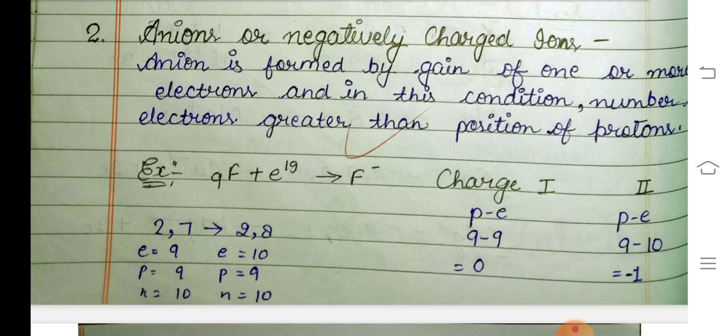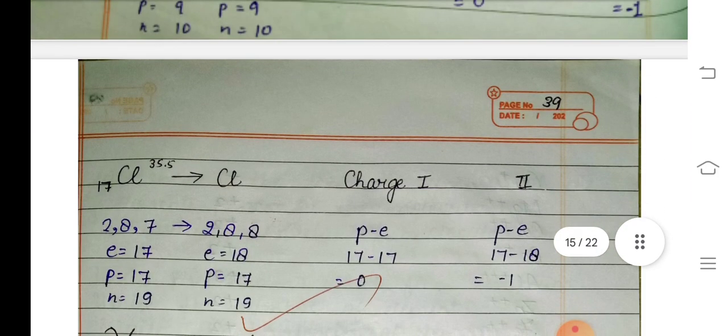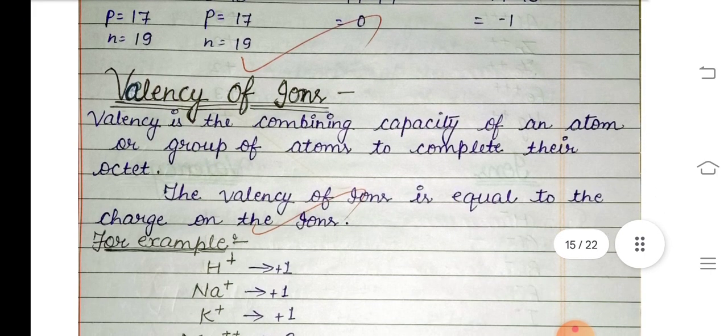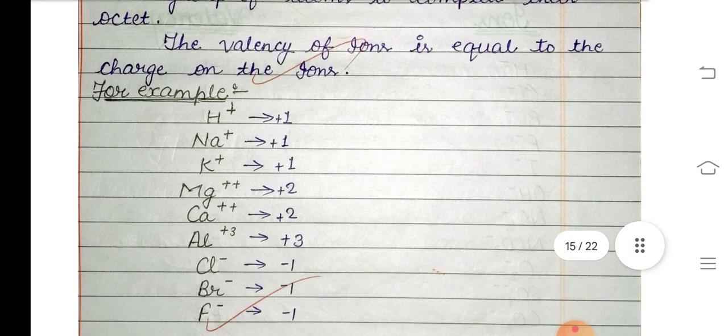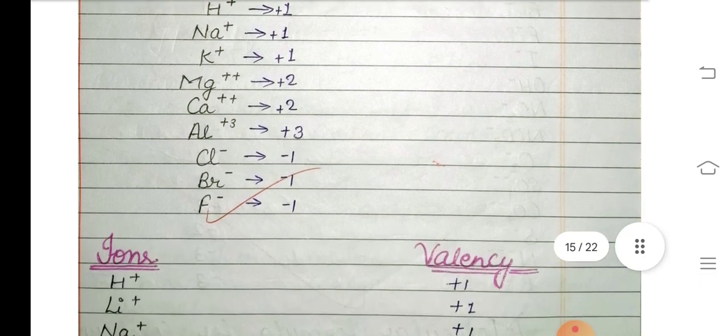So to complete its octet it will contain a negative charge. Just don't worry. Valency means the combining capacity of an atom or group of atoms to complete their octet, and the valency of an ion is equal to the charge of the ion.